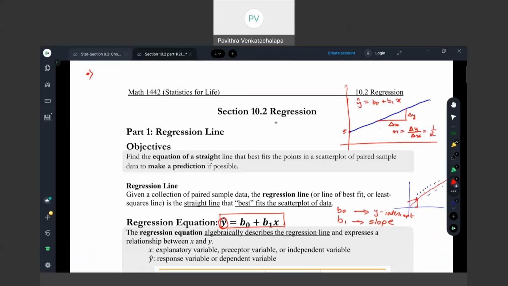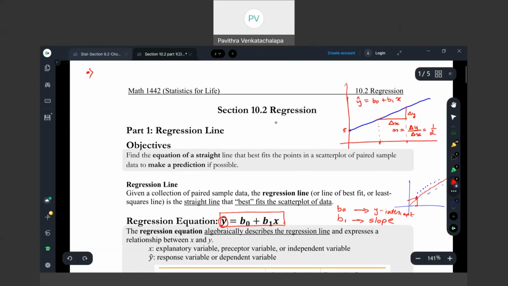When I say delta x, it means the difference between this point and this point. When I say delta y, the difference between this point and the point here. When you divide the change in y by the change in x, that will give you the slope of the line. So let's say in our example we have a slope of half.